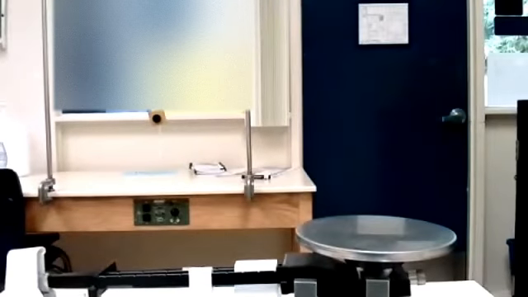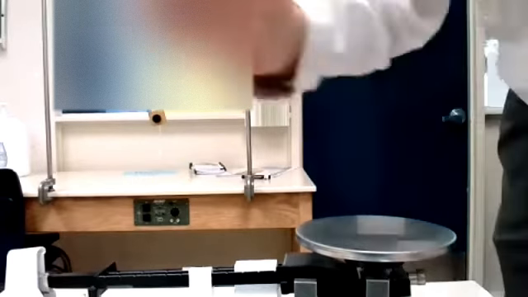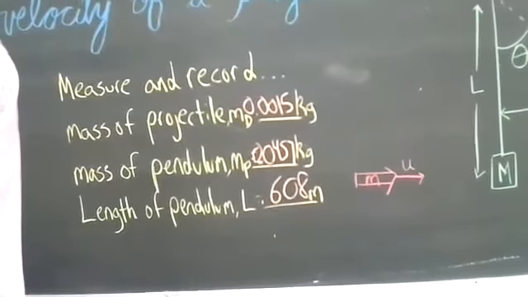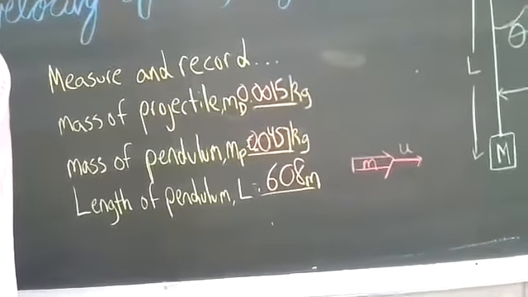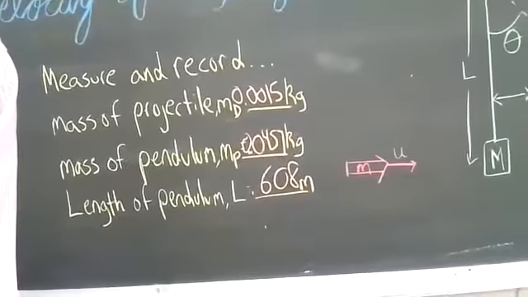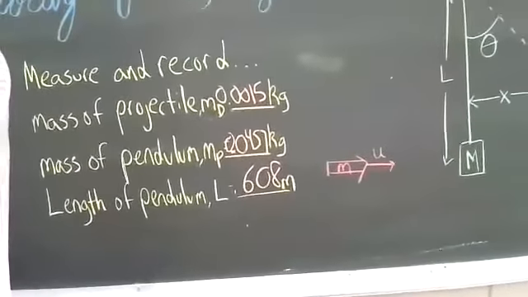So 0.608 meters. So everybody following along at home? We've got the mass of our projectile, 0.0015 kilograms, the mass of the pendulum, 0.045 kilograms, and the length of our pendulum at 0.608 meters.